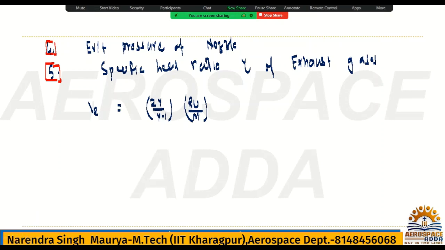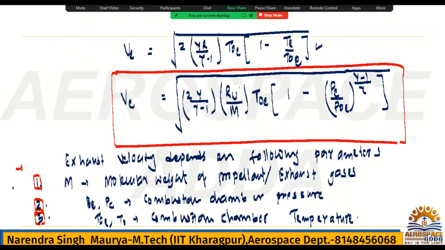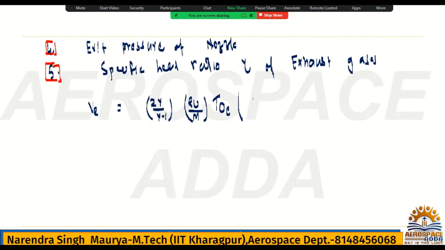T naught is nothing but the combustion chamber temperature, the total temperature. Sometimes T naught can also be written as TC. TC and T naught E will be the same, the combustion chamber temperature. But T naught E and TE will not be the same. Then T naught E in bracket, 1 minus (P by P naught) to the power (gamma minus 1) by gamma.